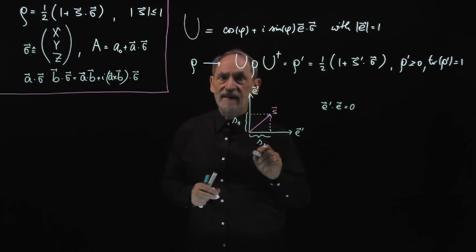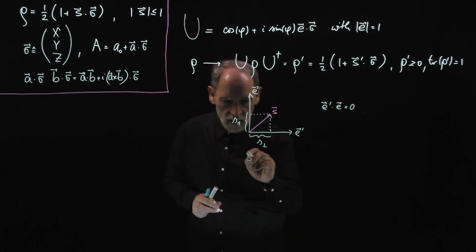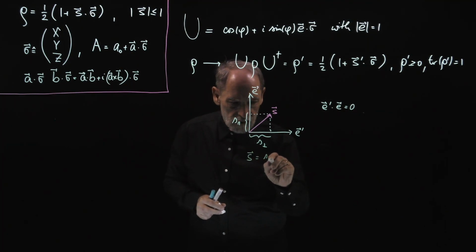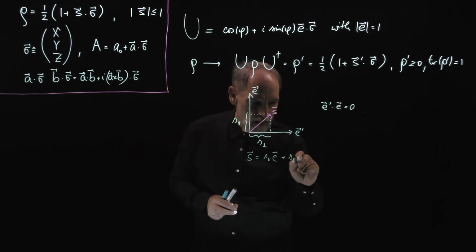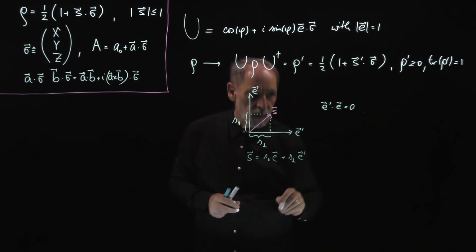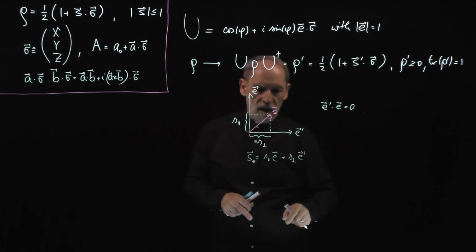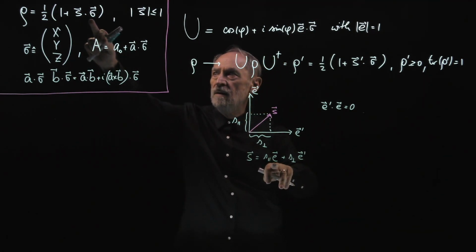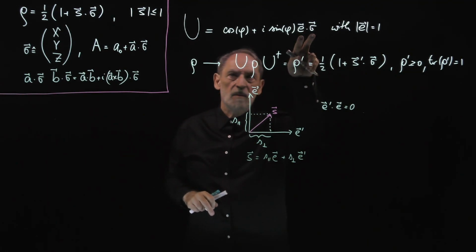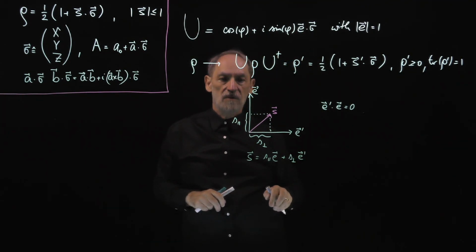So the S vector is S parallel times the unit vector E plus S perpendicular times the unit vector E prime. And now, since this E dot sigma commutes with this E dot sigma, it will not be changed by the unitary transformation.